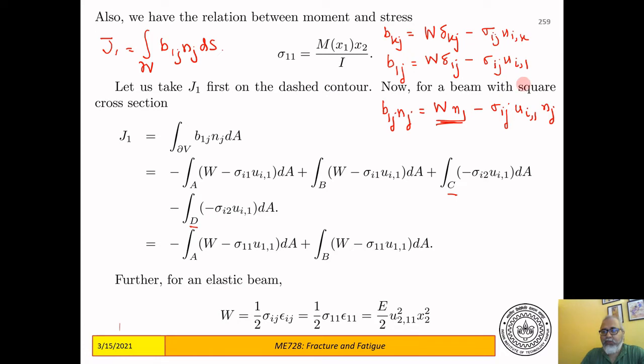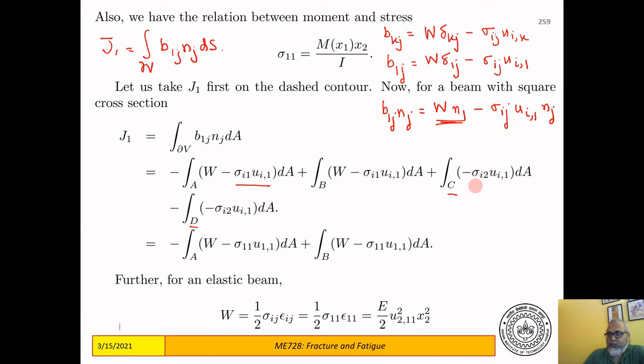What about the next term? In the next term, on A and B, n1 is equal to 1 or minus 1, and therefore j can take the value 1 only. So you have sigma i1 ui comma 1, whereas on the top and the bottom, n2 is non-zero, 1 or minus 1, and n1 is equal to 0. Therefore, j can take the value 2 only.